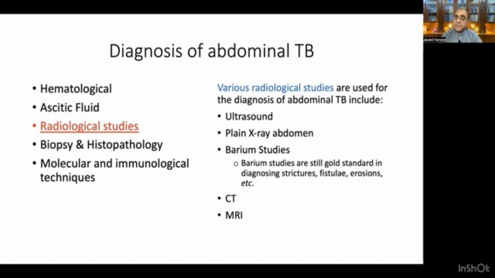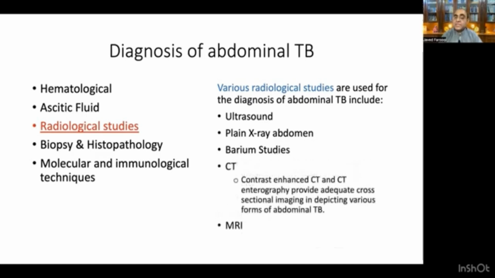But remember that barium studies have got their role. The CT abdomen, contrast enhanced CT and CT enterography provide adequate cross-sectional imaging in depicting various forms of abdominal tuberculosis. And we will see these examples in the next lecture.